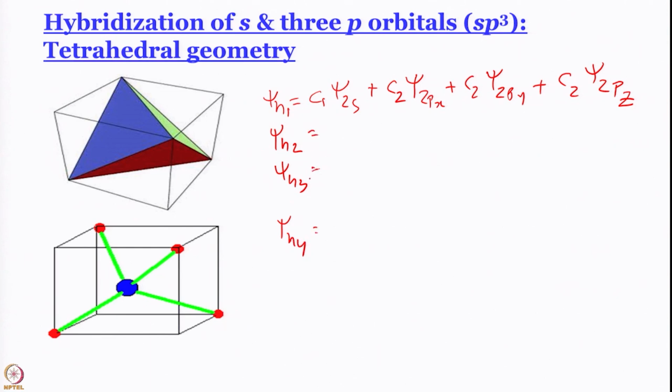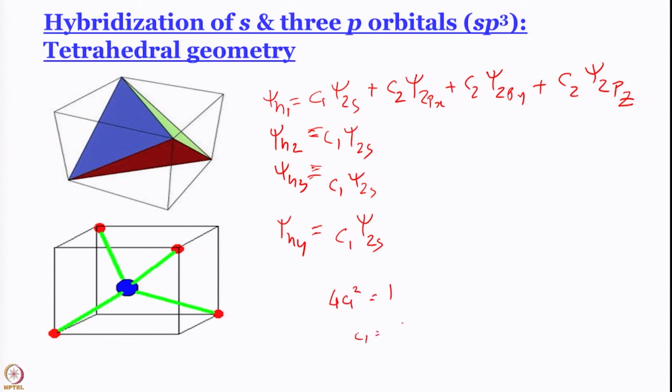So, here everything will be C1, is it not? And the total contribution of 2s is 1 anyway. So, what we get is 4 C1 square is equal to 1.